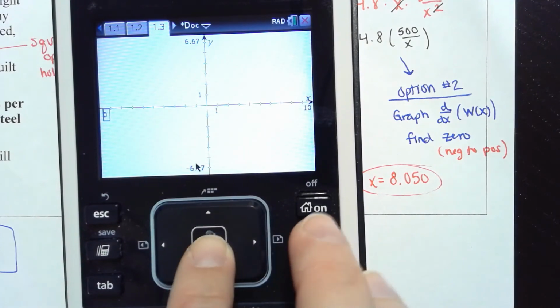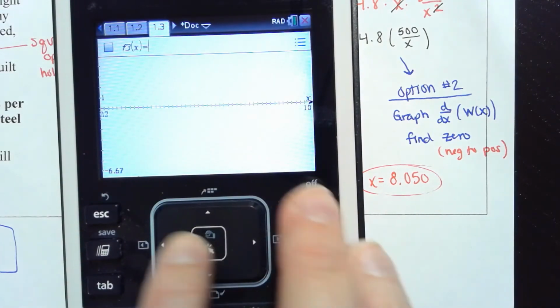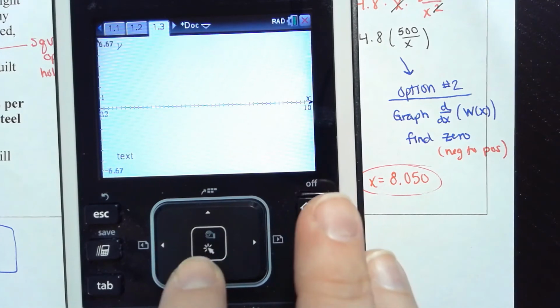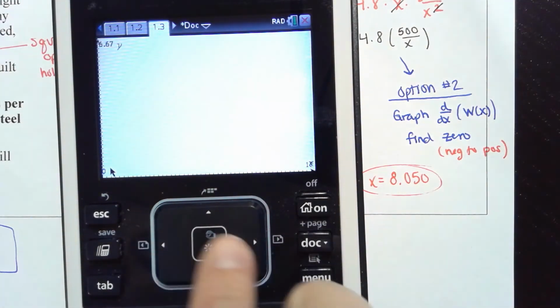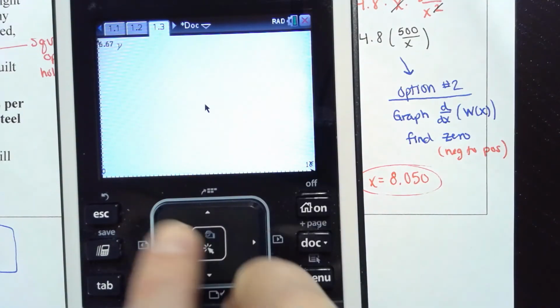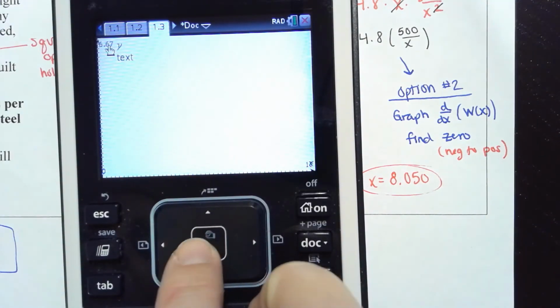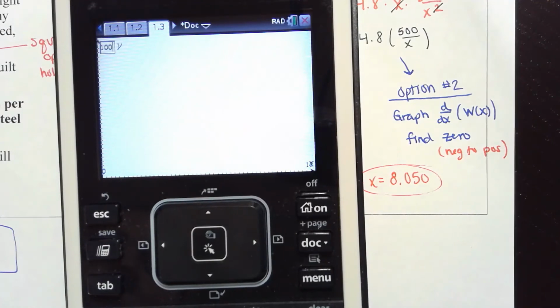Oh, I could have done that better. That's okay. Basically saying, let's just look in the first quadrant. Now, mine goes out to 10. Right now, it's only going up to almost 7. So maybe I change that to go up to, say, like 100. I don't know. Well, I still don't see a graph, so maybe I change it to go up to 500.